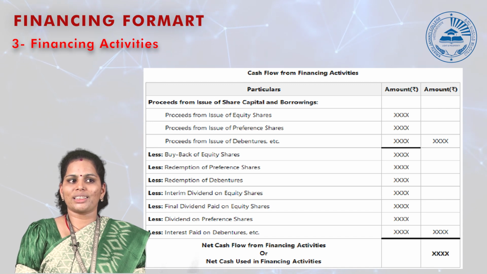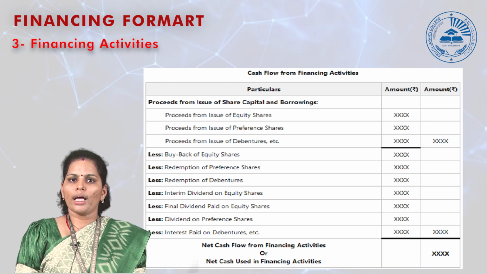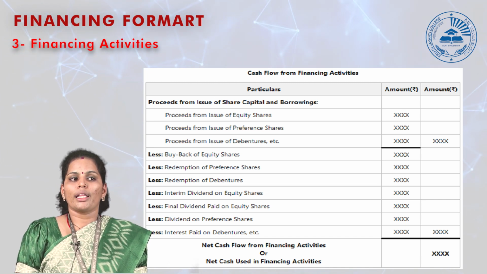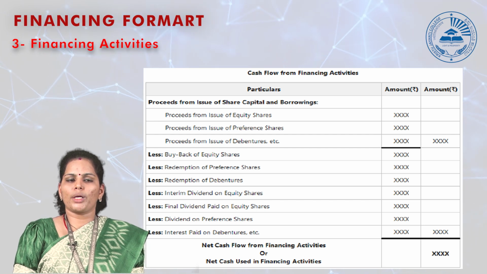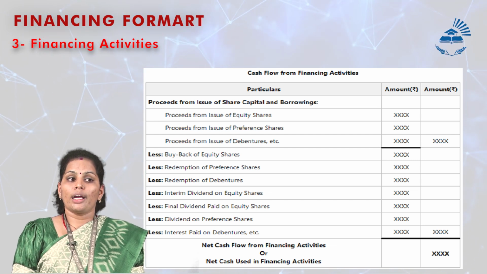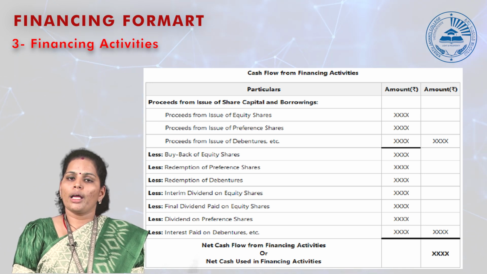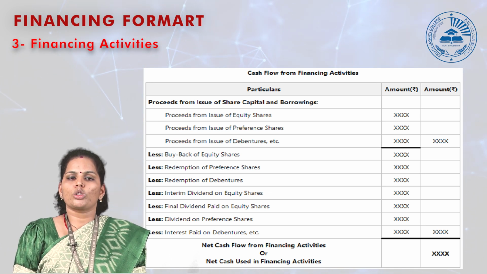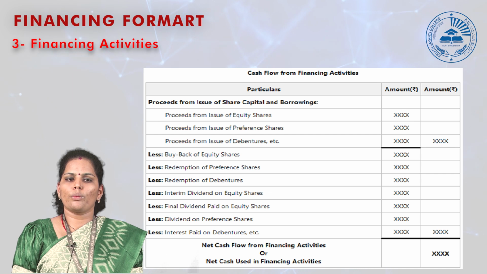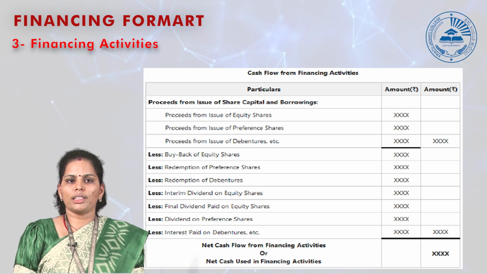By doing all these things, you will get the cash, so cash inflow. Then minus redemption of debenture, redemption of preference shares, redemption of equity shares. By doing the redemption, there will be a cash outflow. So inflow minus outflow gives you cash from financing activity.